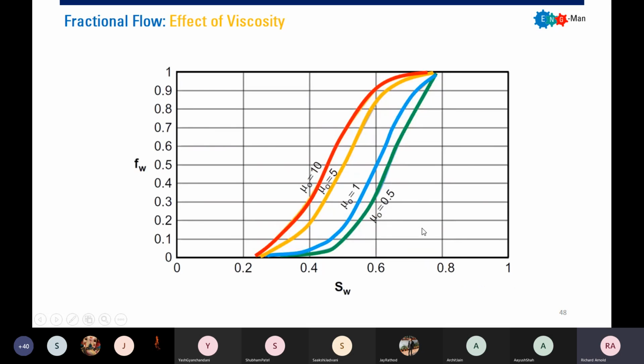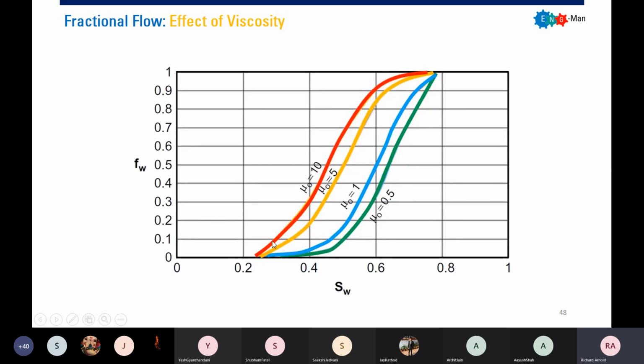Okay, and also displacement efficiency is influenced by viscosity in addition to mobility ratio. Like this one, you can see we start from low viscosity oil to high viscosity oil. Of course, if you have high viscosity oil, you will get higher water cut faster, and it's not good thing for us.